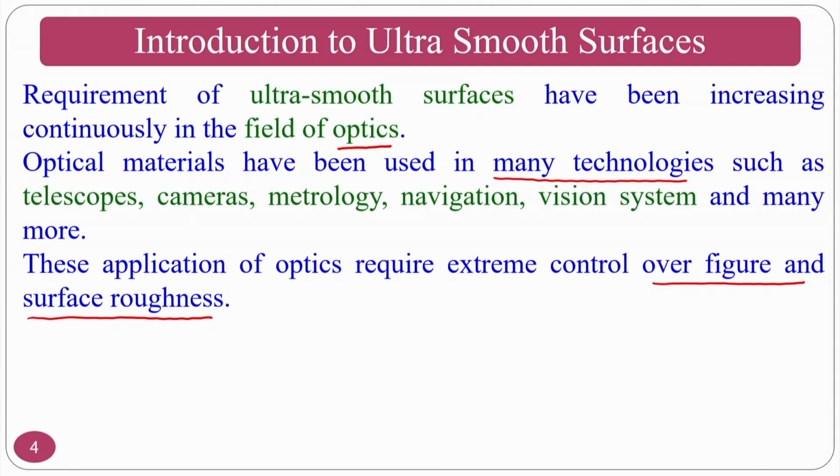At the same time, you require the figure. Figure means you need certain sculpted structures. Assume that on this particular pair of specs, you require a convex surface on one side and a concave on the other side. This is always required along with the surface roughness. If you give better surface roughness but not the proper figure, the vision of that particular person will be greatly affected.